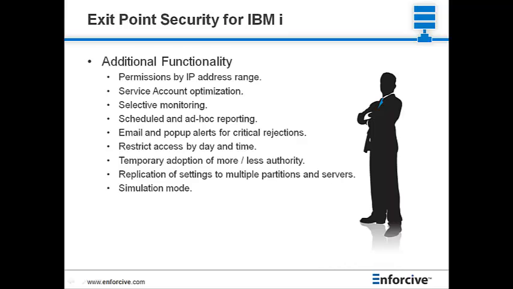In terms of replication, we're very used to handling multiple partitions and multiple servers, and we provide tools for you to help copy your settings from one system to another. With the final item on this screen, I'm just going to dwell on this a little bit. We have what we call our simulation mode. I mentioned a few times warning events as well as rejection and successful events.